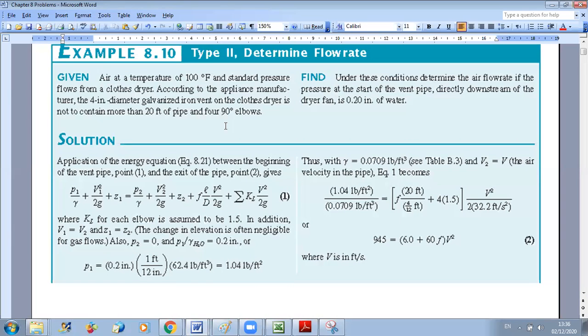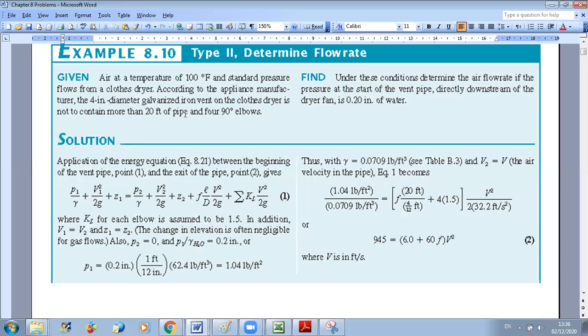0.2 inch of water. So here we have a system that is operating. They gave us the initial condition: at the inlet we have the temperature condition, and we are working at standard pressure flow.